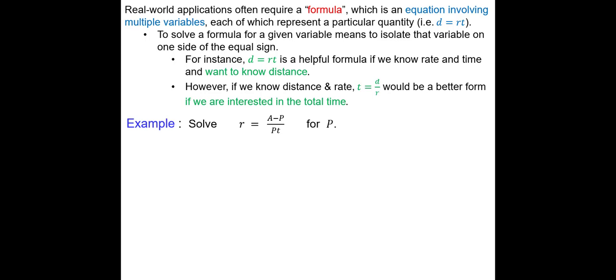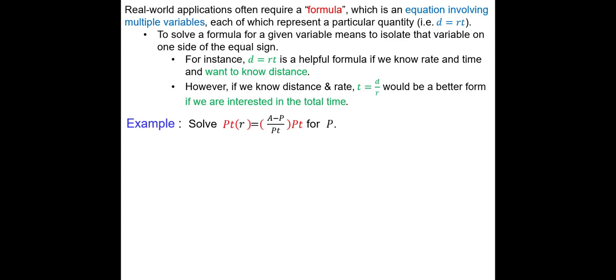But what if we wanted to manipulate this equation so that we said p equals, and we found the value of p? Well, the way that we solve this is the same way that we ended up solving regular linear equations. The first step would be to eliminate fractions. So since I see that I'm dividing by pt, why don't we multiply both sides by pt?